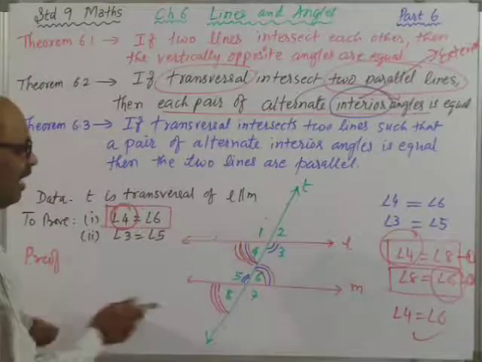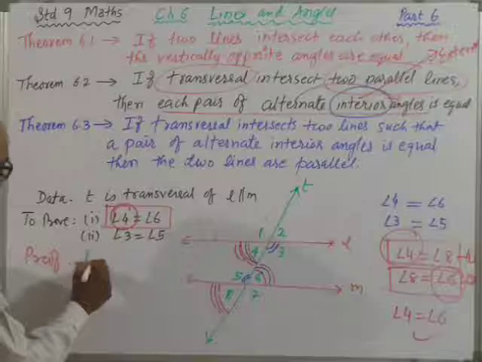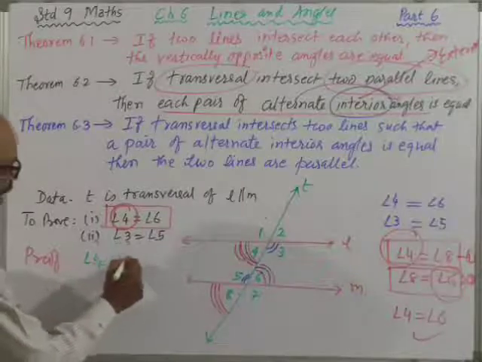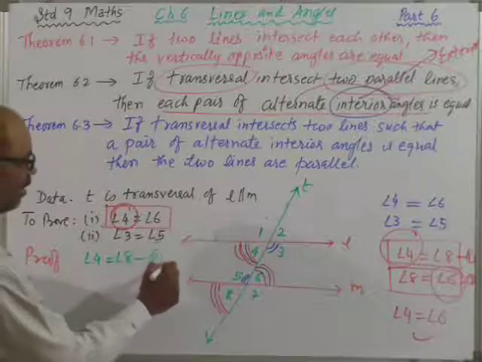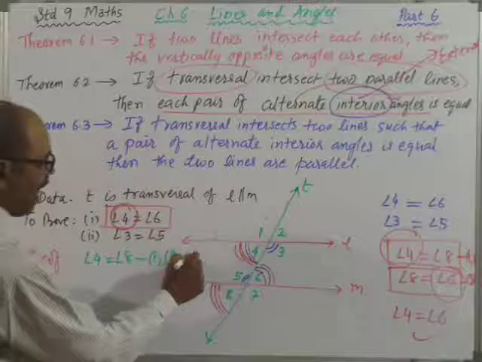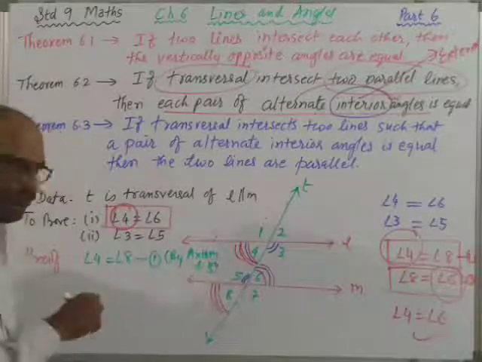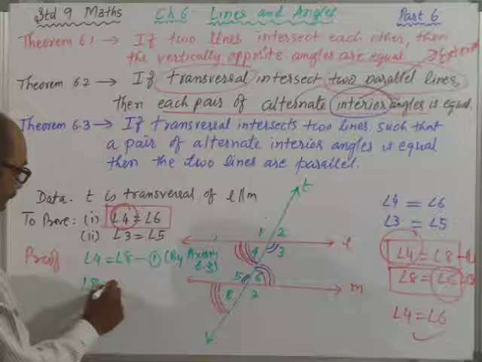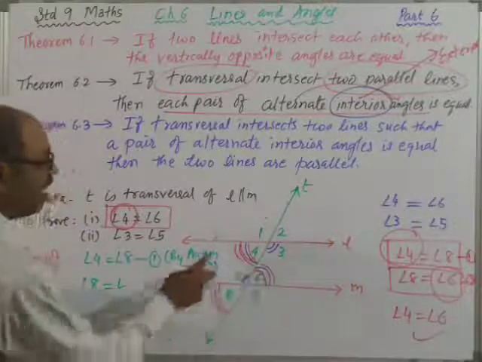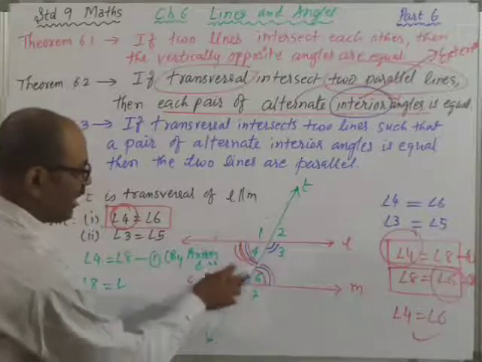Please write in your notebook like this. Angle 4 is equal to angle 8, result 1, by axiom 6.3. Write this: angle 8 is equal to angle 4, and 8 are corresponding angles.